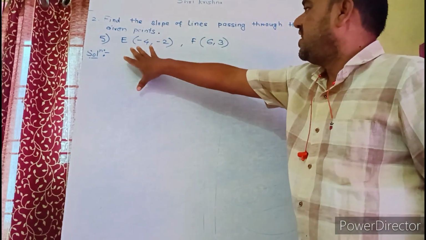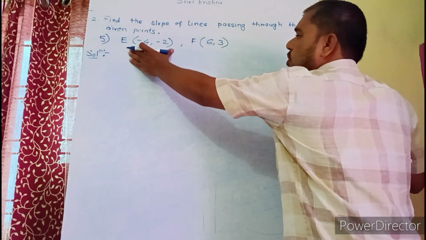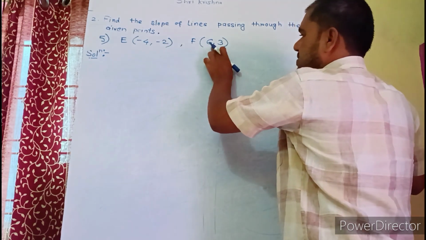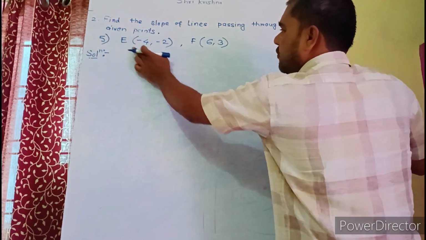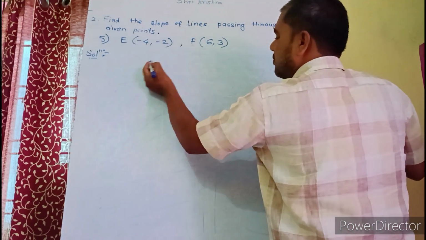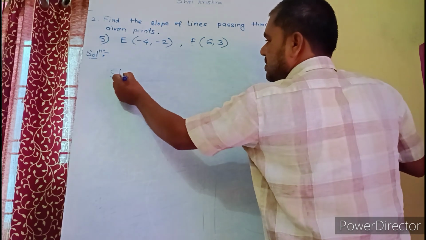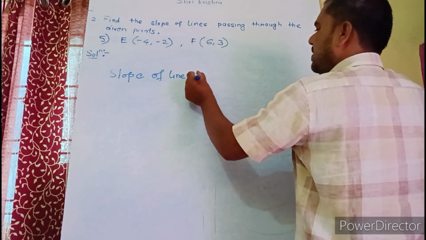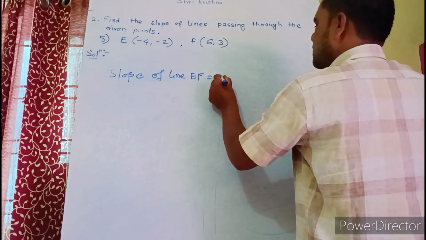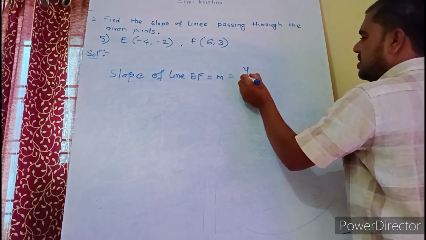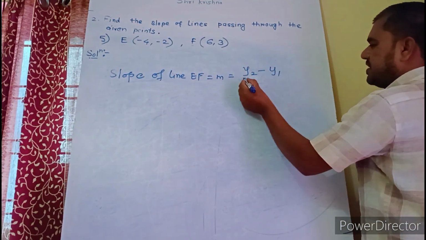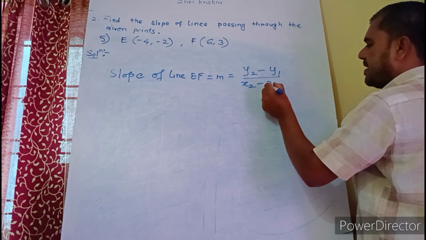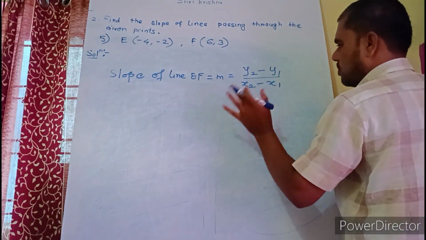Now sub-question 5 of question number 2. The points are E and F with coordinates (-4, -2) and (6, 3). Therefore here is line EF. The slope of line EF, that is M, is equal to (y2 - y1) divided by (x2 - x1). This is the formula for the slope of the line.